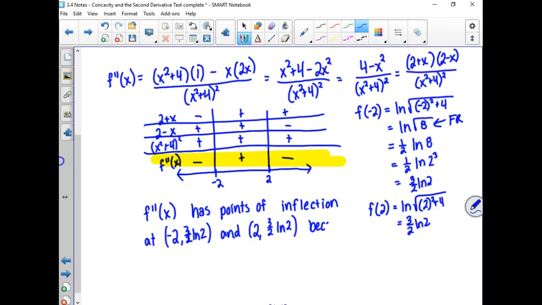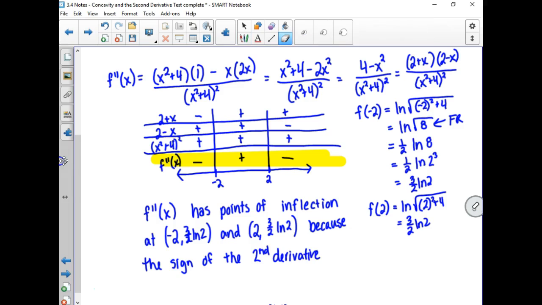The good thing about points of inflection is you don't have to say them differently, like maximums and minimums you have to say separately. Here, we just need to say the sign of the second derivative. Wait, if we write, is it just f double prime of x has points of inflection?